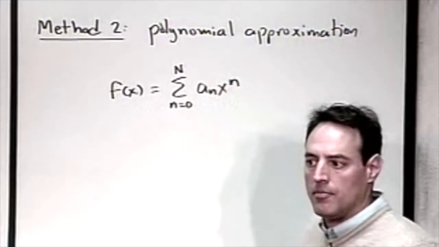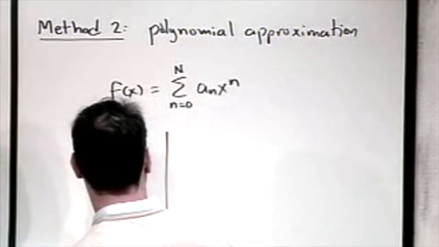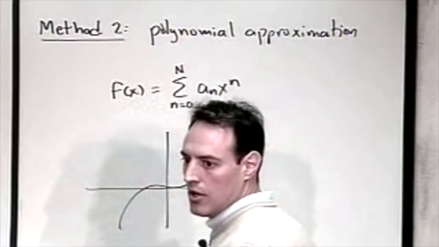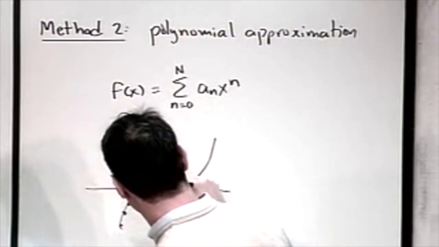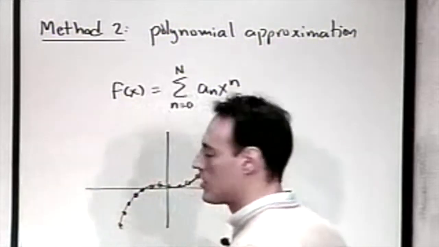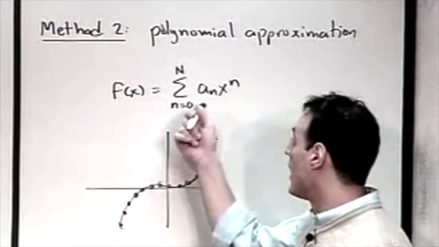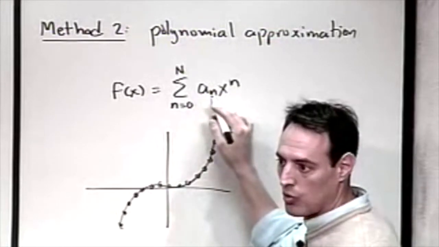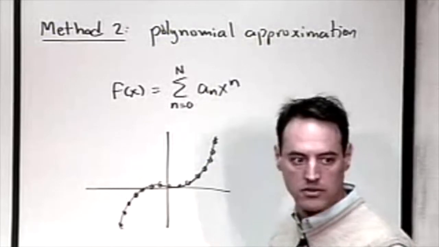This is fine. The nice thing about this is when you discretize a function, suppose I have a function. Suppose that's my function. And the idea is you discretize it, right? You cut up your domain, and what you say is, okay, I discretize this. How do I represent this function? Well, what I could do is say, hey, I can take a polynomial, and by picking my coefficients just right, I can make this function go through every single one of these points.